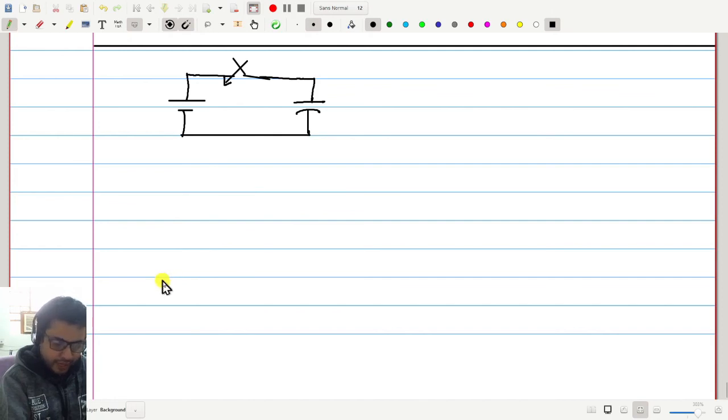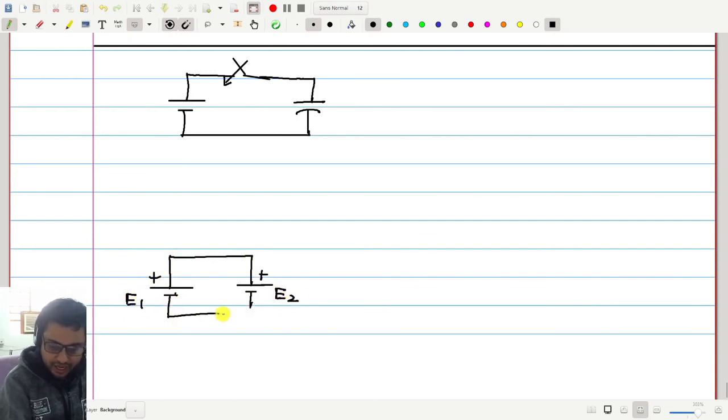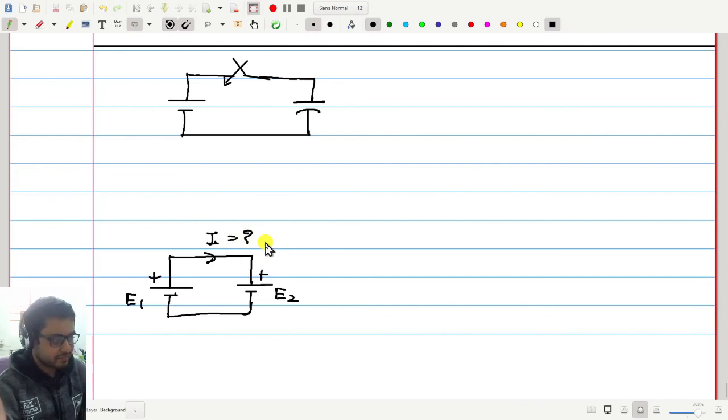Suppose I give you a very simple circuit problem. I have 2 batteries connected in series or parallel, E1, E2, and there is no resistance anywhere. I ask how much current is flowing. How much is I?